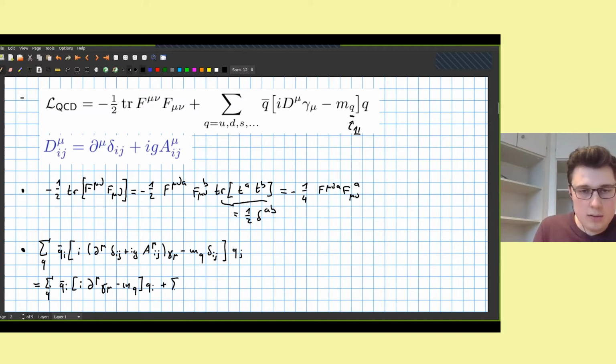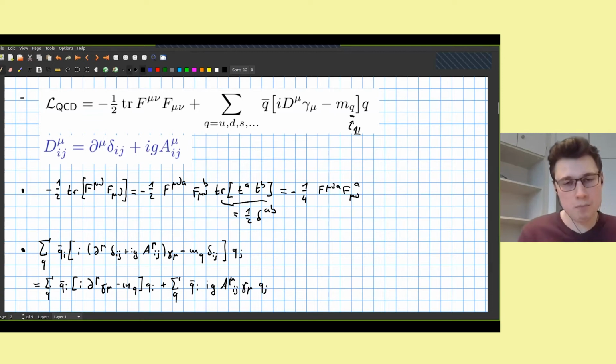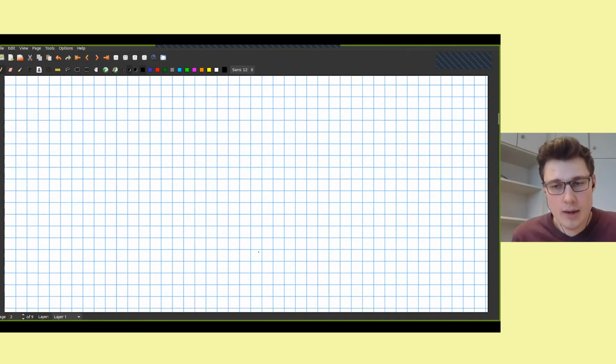And the second term is a bit more complicated, but not too much. That's q̄_i g A_μ^{ij} γ^μ q_j. Okay. And again, that's all that we can do here. So let's move on to the next exercise.